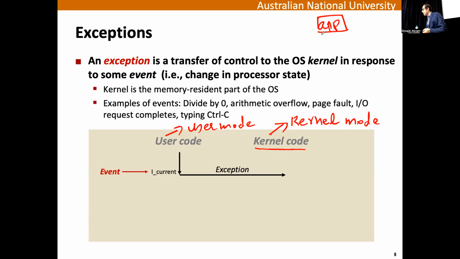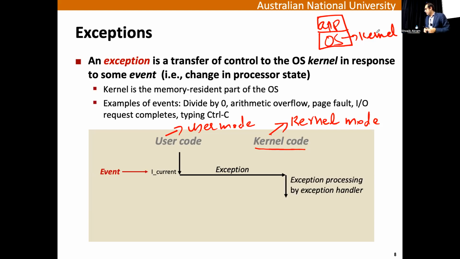There's the application running on top of the operating system, and the kernel is part of the operating system. So somehow we leave the domain of application code, whatever code the programmer has written, and we enter the kernel code. The processor then executes instructions in the exception handler. Each type of exception has a corresponding handler.